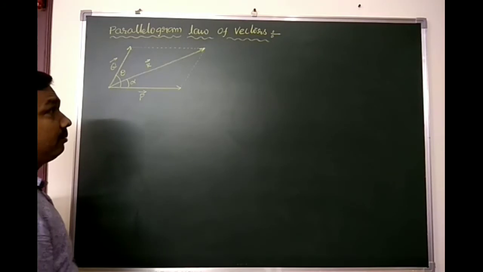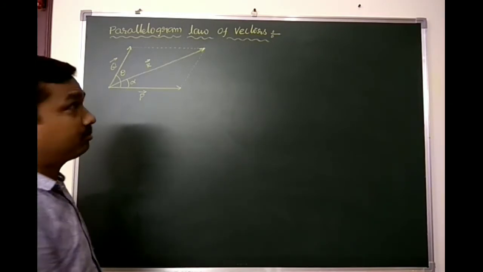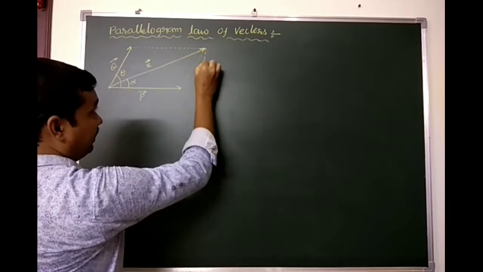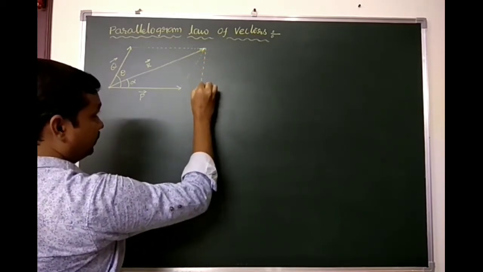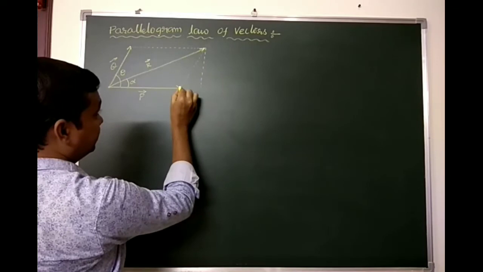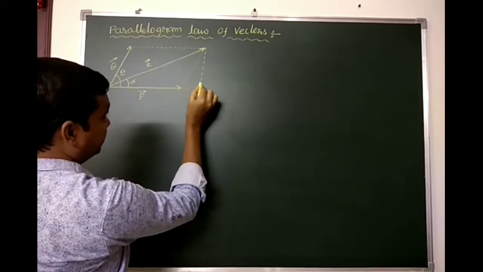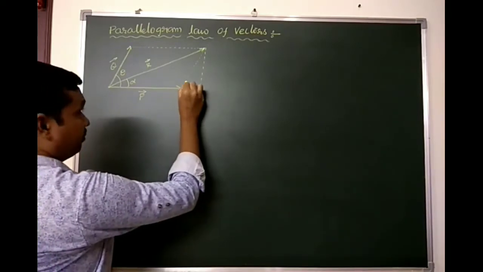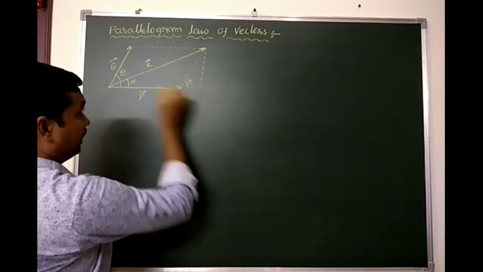In order to find the magnitude and direction, we make a small construction. We need to draw a perpendicular triangle here. For that we extend the line downward and forward. Here we have one more similar angle theta.